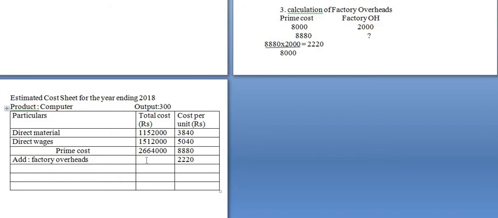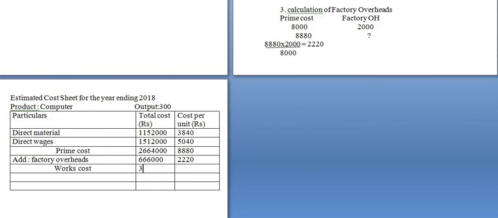So into 300 computers means 6,66,000. Okay. Hope everybody is understanding this. Okay. Now make a total. So this total will be called what? Works cost. This total will be called works cost.